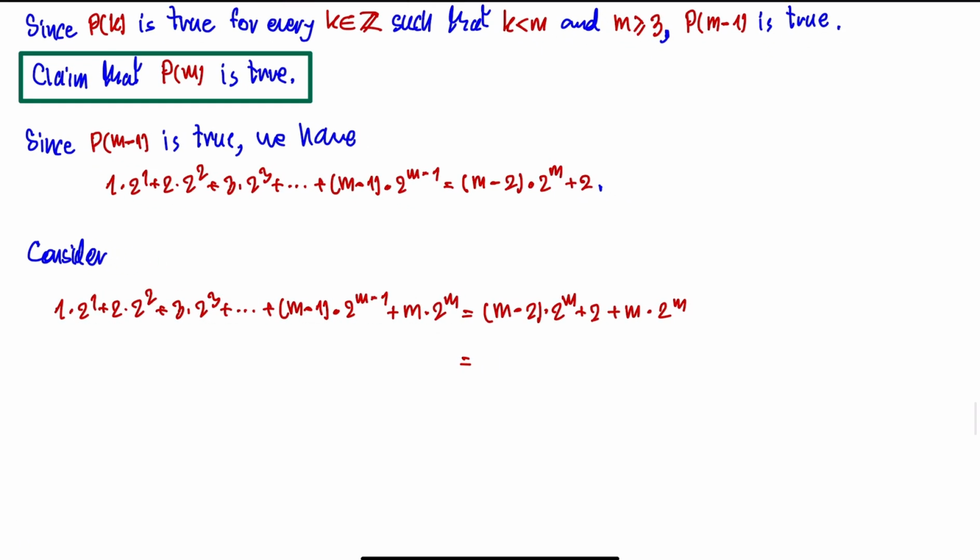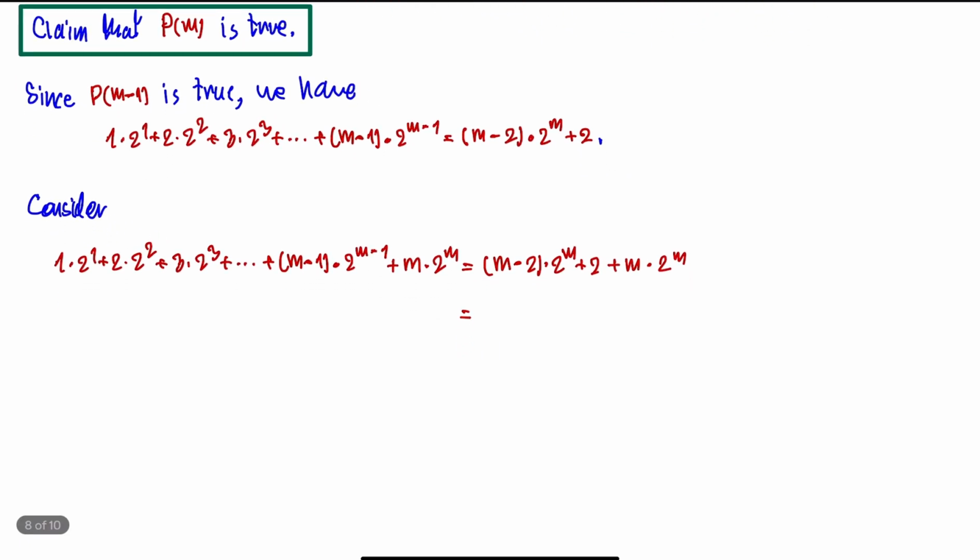Okay, and then I'm going to factorize this. So we have 2m minus 2 times 2 to the m plus 2, and we factorize this number 2 out, so we have m minus 1 times 2 times 2 to the m plus 2, which gives m minus 1 times 2 to the m plus 1 plus 2.